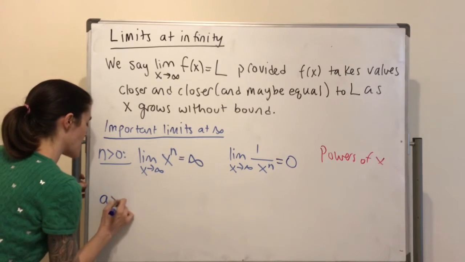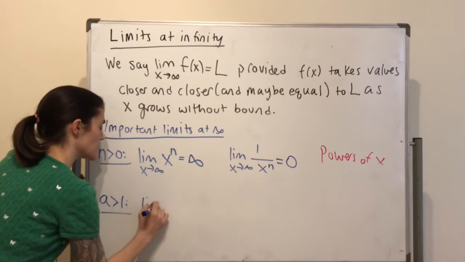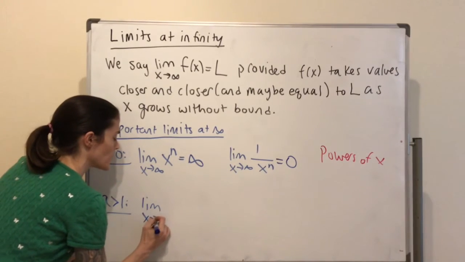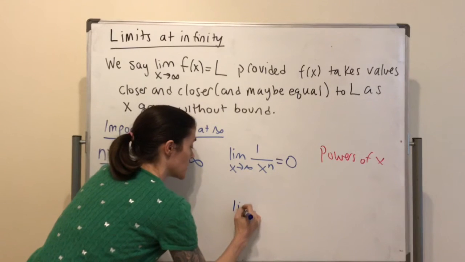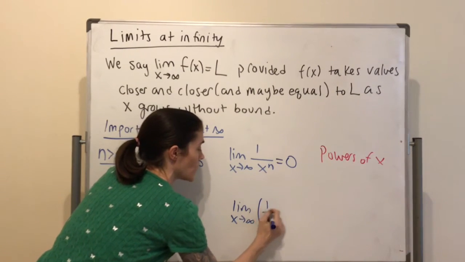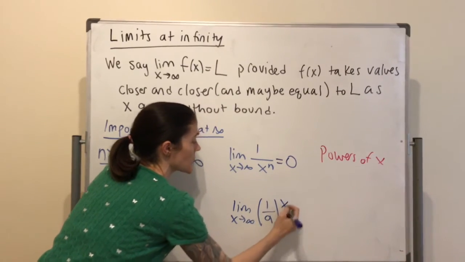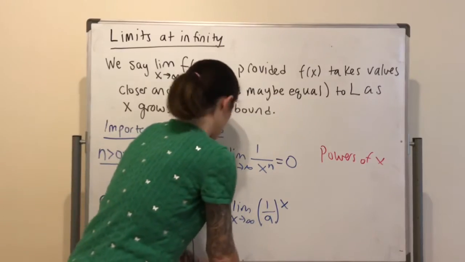Let's say a is bigger than 1. And let's look at the limit as x goes to infinity of a to the x. And let's look at a limit as x goes to infinity of 1 over a to the x. These are exponential functions.